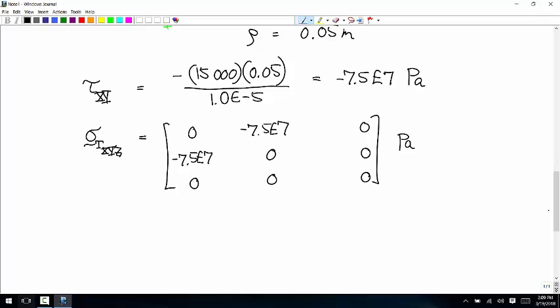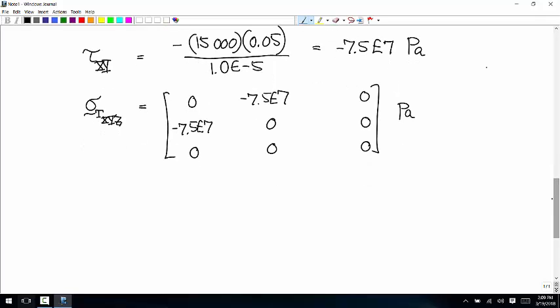So now we have a coordinate system. So our stress due to tension compression is in a coordinate system like this. And our stress due to torque is like this.